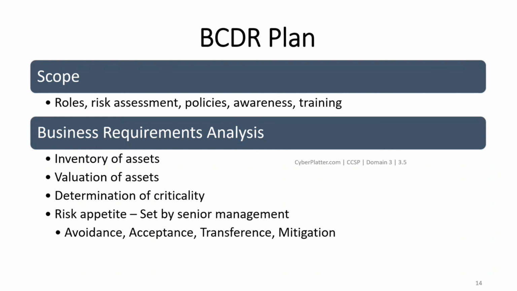The next one is determination of criticality. Once the inventory and valuation is complete, the BIA effort continues with a determination made by senior management regarding criticality. Criticality denotes those aspects of the organization without which the organization could not operate or exist.